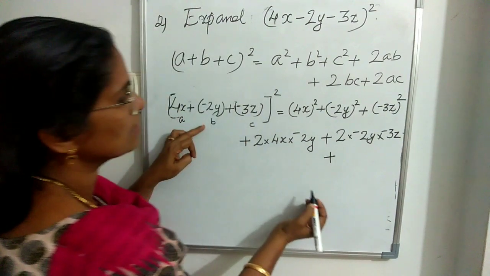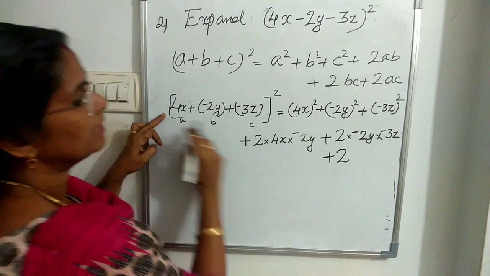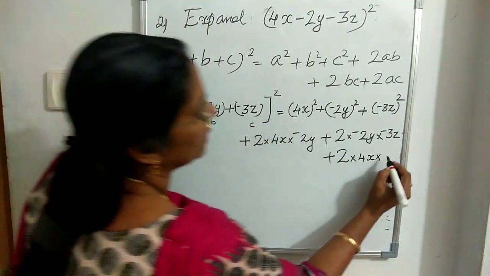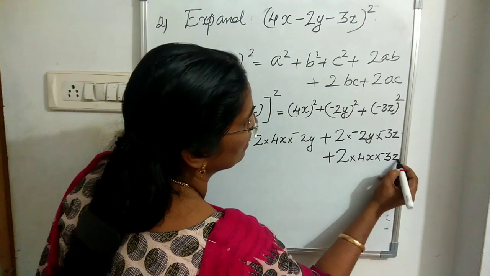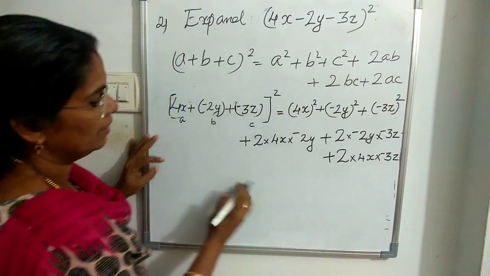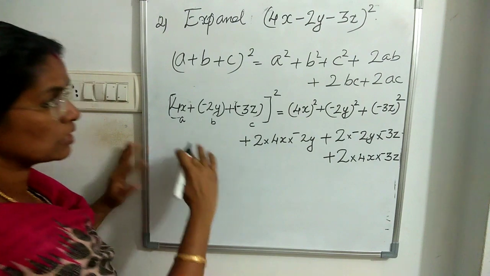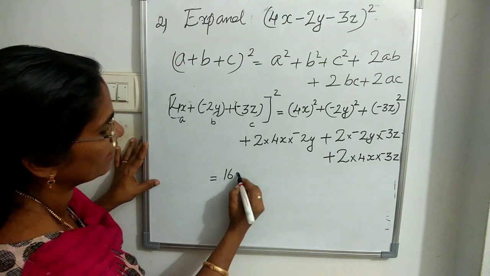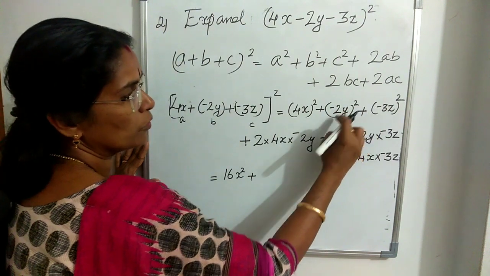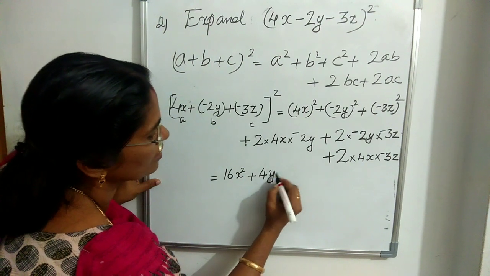One more term is 2ac: a is 4x multiplied with c, which is (-3z). Okay. These are the 6 terms. Now we can find the values. (4x) whole square is 16x square, plus (-2) square is positive 4 and y square is y square itself, so 4y square.